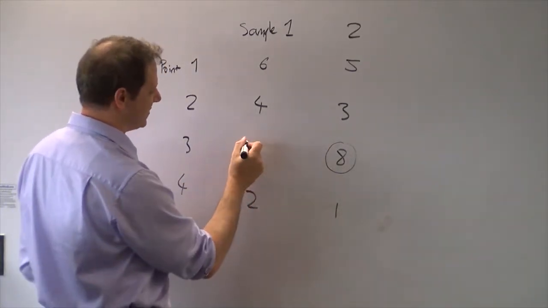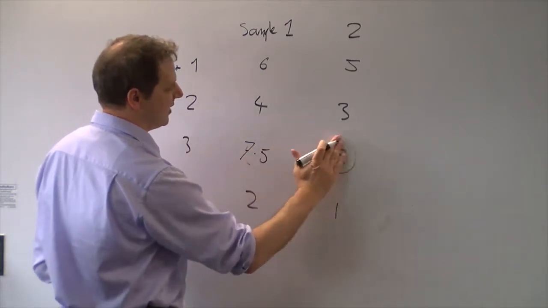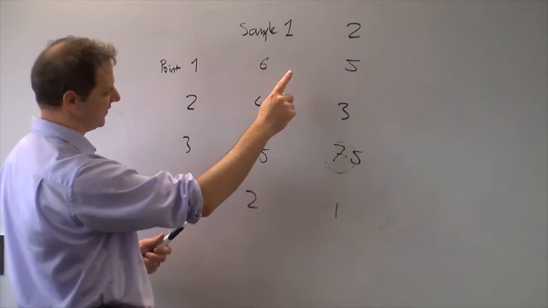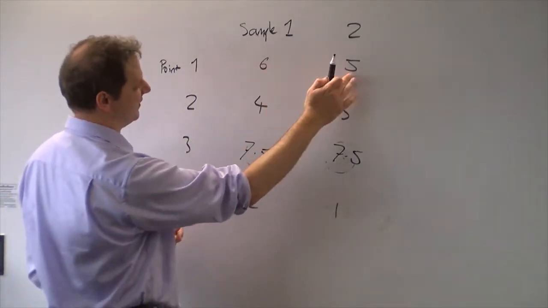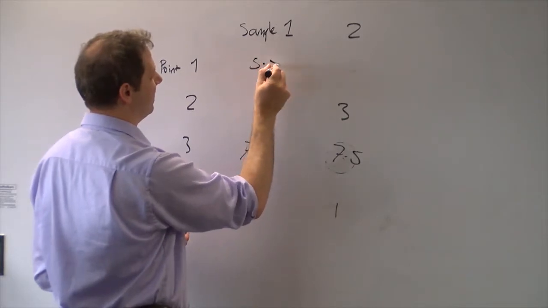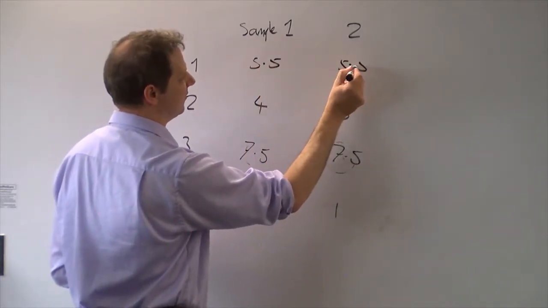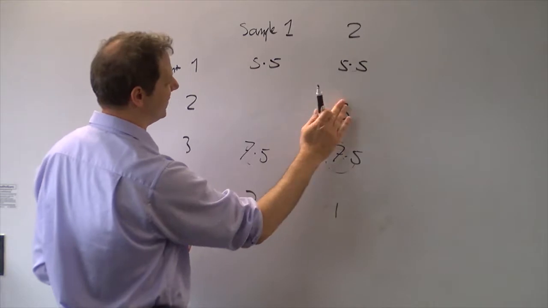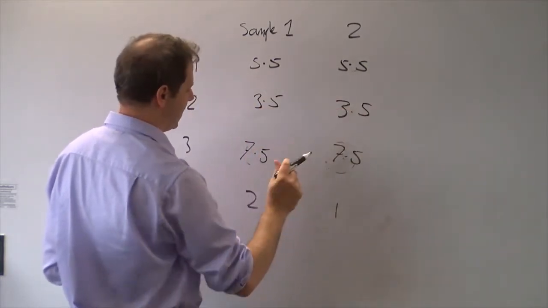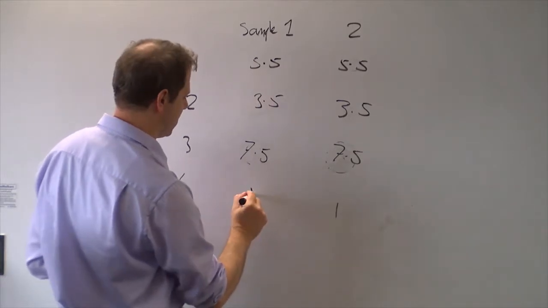We average those two, so 7.5, and replace the value with the average. We then take the second ranked values, which again will be 6 and 5, and replace those with the average of them. So those become 5.5, 4 and 3 become 3.5, and then, again, we average these, and that will become 1.5.